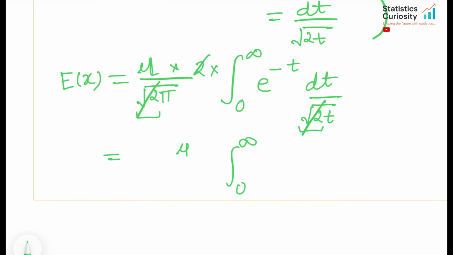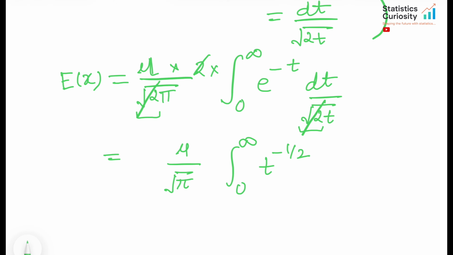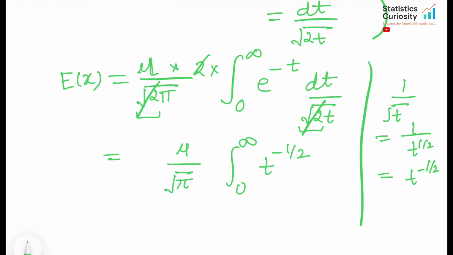So you will actually have mu divided by under root pi only, and from 0 to infinity, this 1 upon under root t you can write as 1 upon t raised to the power 1 by 2, which becomes t raised to the power minus 1 by 2, times e raised to the power minus t dt.